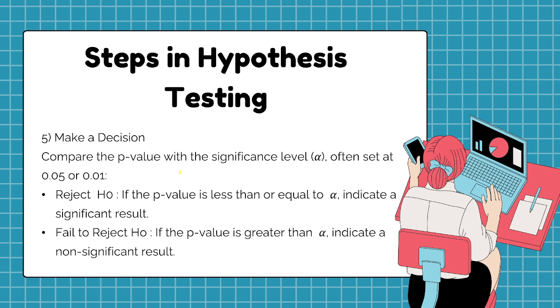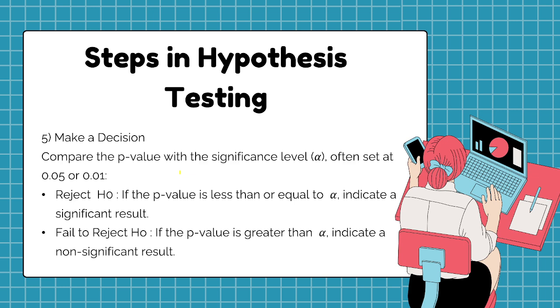We reject the null hypothesis if the p-value is less than or equal to alpha, indicating a significant result. If the p-value is greater than alpha, there is no significant result.